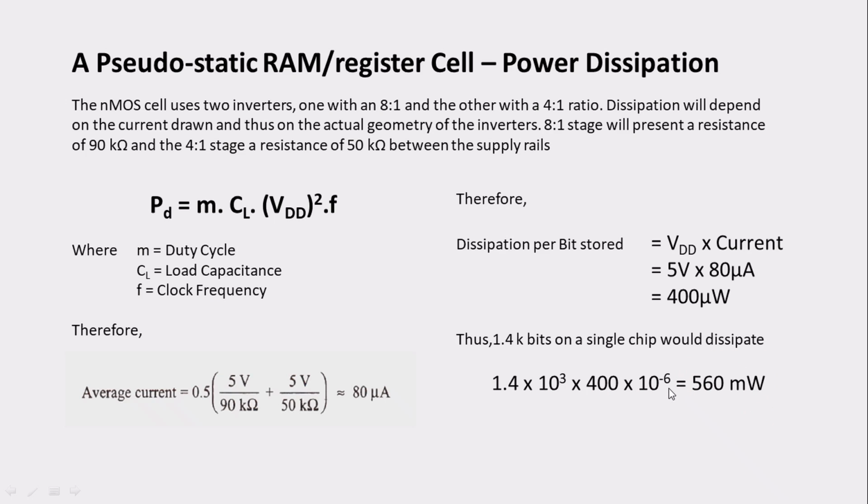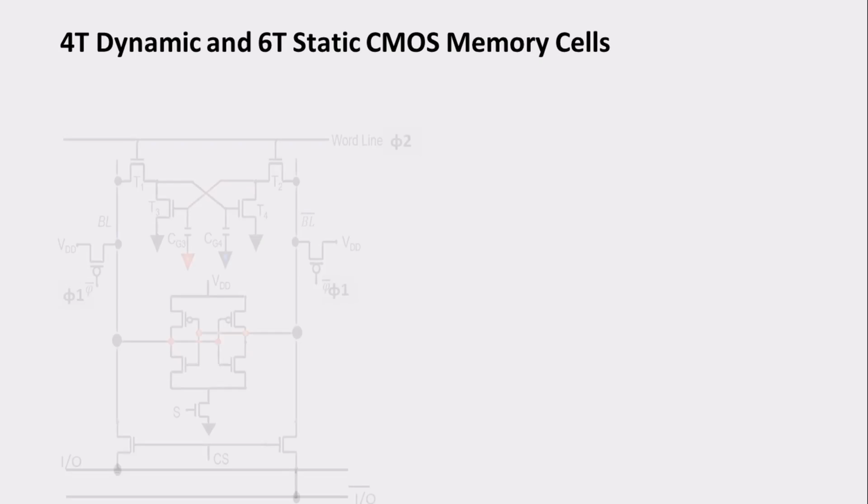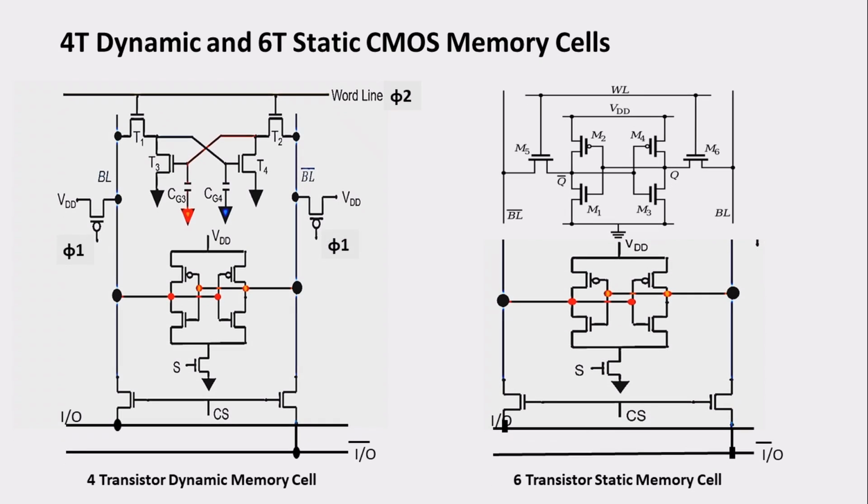Now let us look into the 4 transistor dynamic RAM and then the 6 transistor static RAM CMOS memory. These both are based on CMOS memory. The left side circuit that we are having is going to be a 4 transistor dynamic RAM cell, and the right side is going to be a 6 transistor static RAM cell.